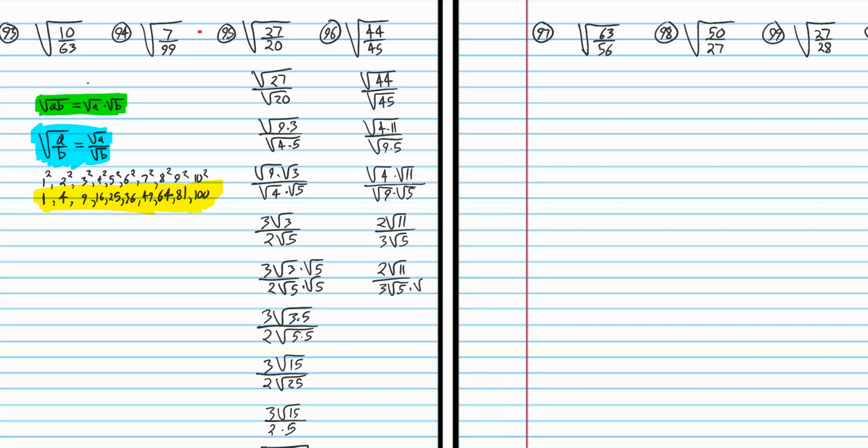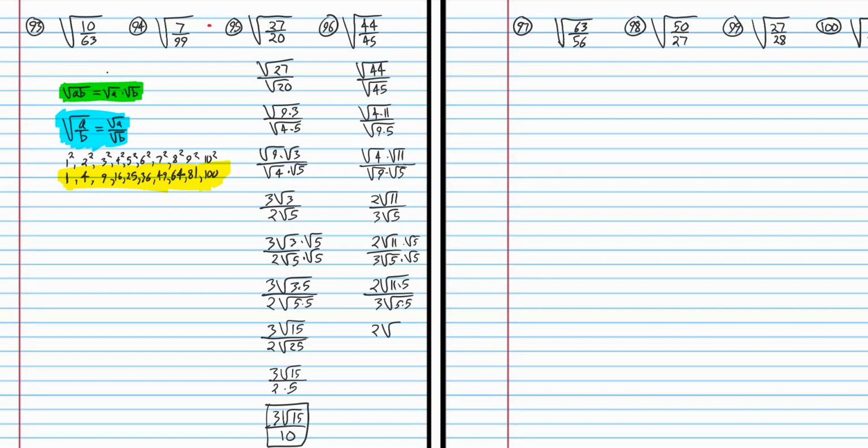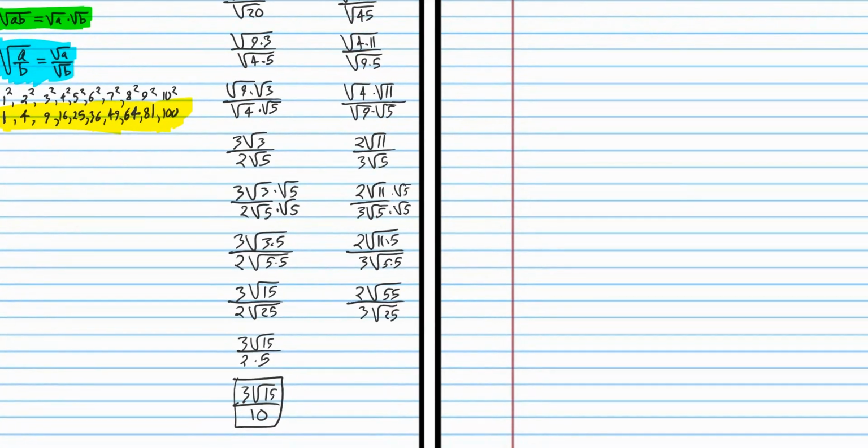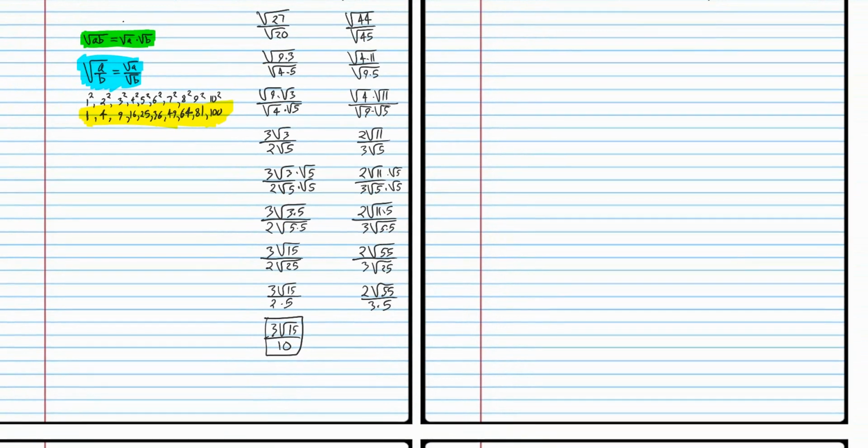And I'm going to multiply both sides by root 5. So if you got 2 root 55 over 15, good job.